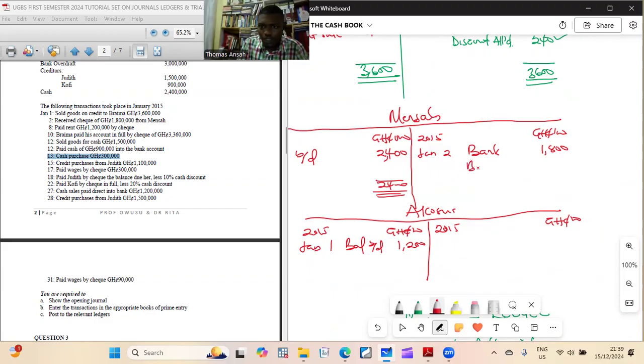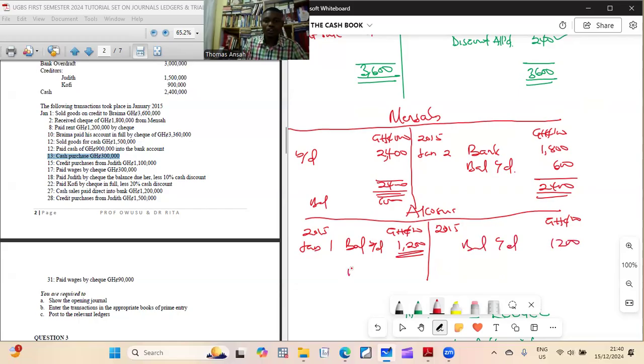So it means balance carried down of how much? 2,400 minus 1,800, that is 600. So balance carried down 600. This guy, nothing happened to it, so the balance is still the same. Balance carried down is 1,200. Brought down again for the following month will be the 1,200. So because you write brought down, you can just leave this figure.